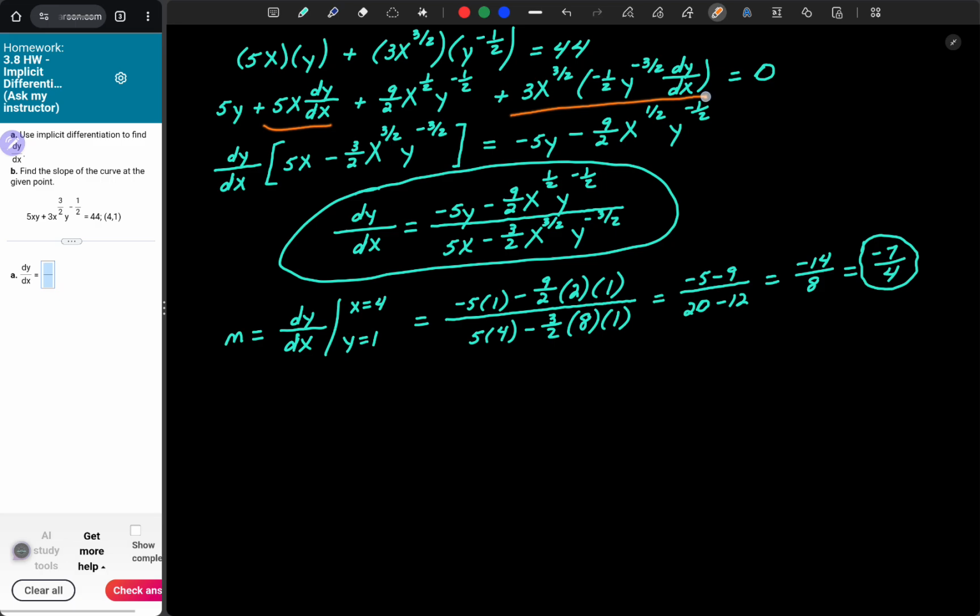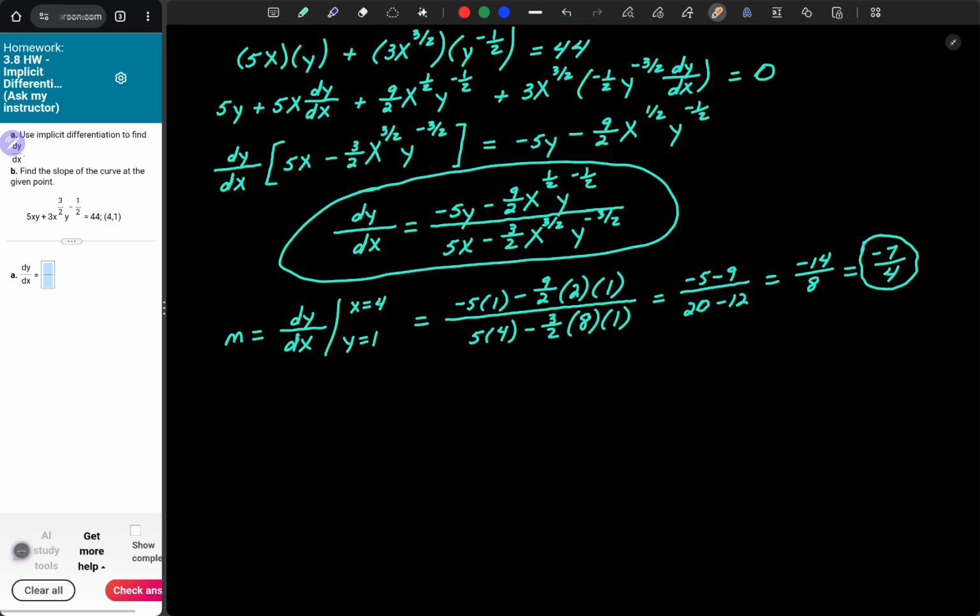So why not go ahead and factor the dy/dx out as you're doing this first step? What's going to be the other factor in your first term other than dy/dx? Well, 5x. So I get dy/dx times 5x. That would give me that term.